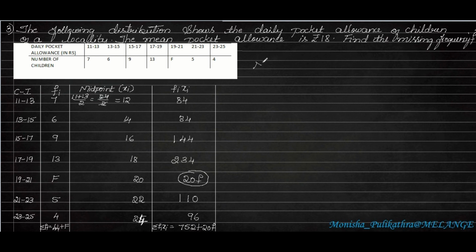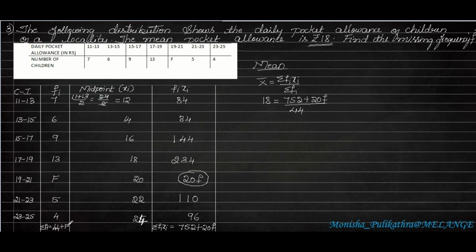So we know that we need to find out the mean. So mean is given by the formula x bar is equal to summation fi xi divided by summation fi. So here in the question, the value for mean is given. Mean is 18. Okay, 18 is equal to summation fi xi, which is 752 plus 20f, divided by summation fi, which is 44 plus f.